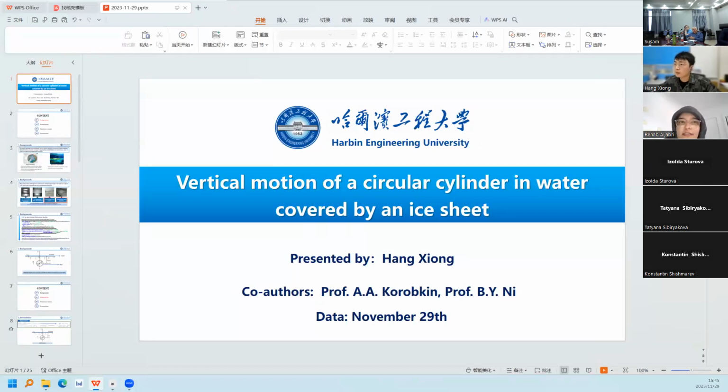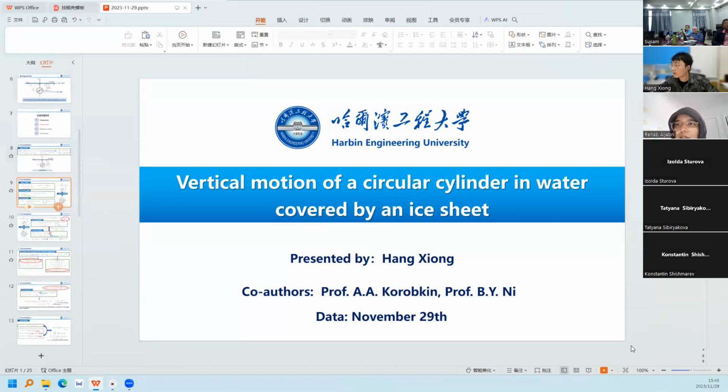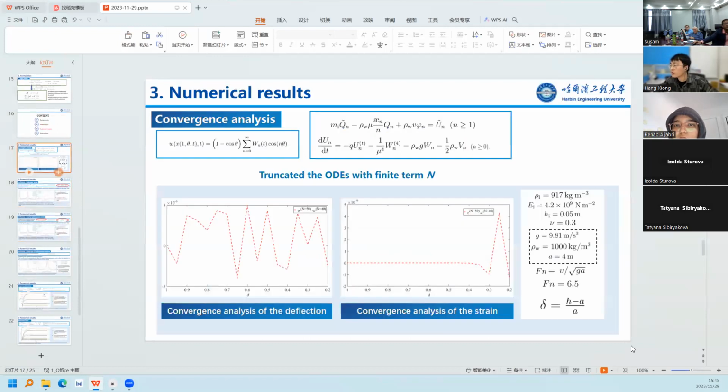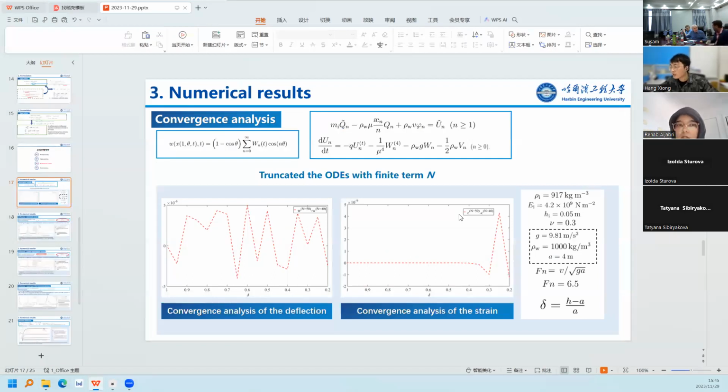The series is infinite, so we should truncate the series with a finite number of terms, then we increase it and compare the results calculated with different n, and the difference between them is shown in the figures.